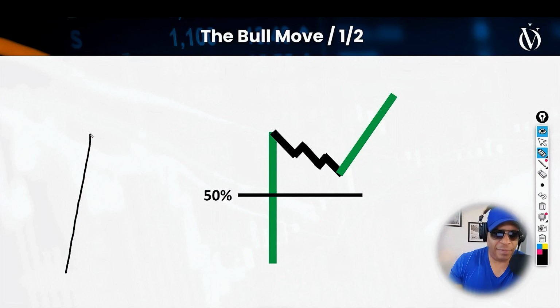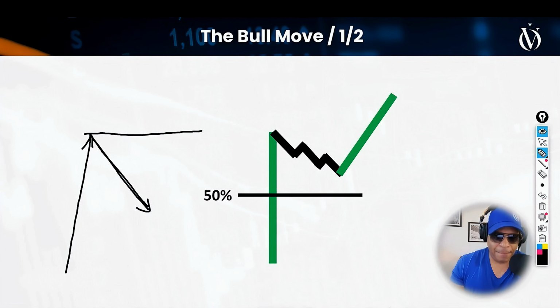If the stock drops here, the stock runs up, then drops here. To make a new high, my stock now has to travel, travel, travel, travel, travel, and now make the new high.